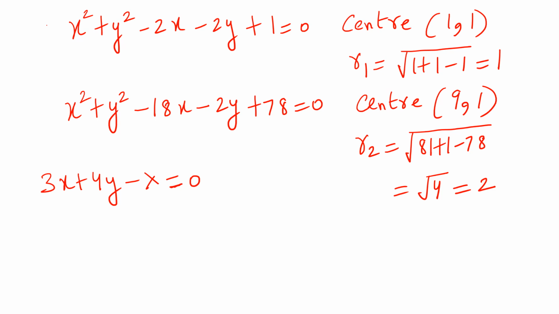Right? Now students, we know that when the points (x1, y1) and (x2, y2) lie on the opposite sides of the straight line ax + by + c = 0, then the quantities ax1 + by1 + c and ax2 + by2 + c must be of opposite signs. So that means 7 - lambda and 31 - lambda must be of opposite signs.